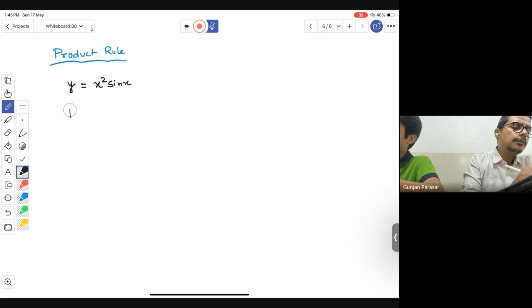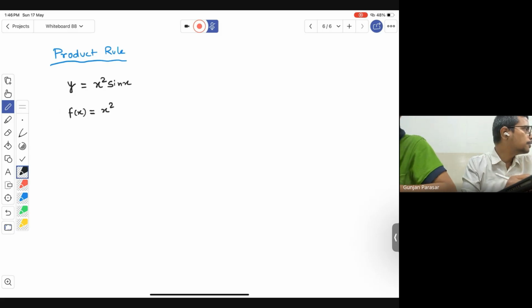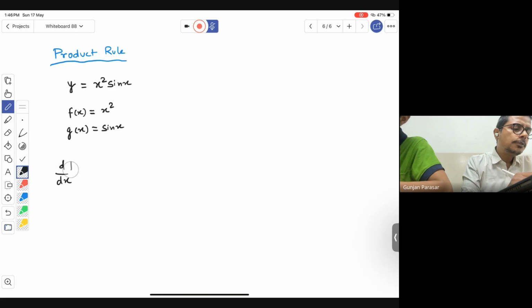We don't know anything for that. Maybe I'll write it like this. You can recognize which two separate formulas we know. I'll think as if I have one function f of x, which is x square, and another function g of x, which is sin x. So for the product of f of x into g of x, we have to find the differentiation.